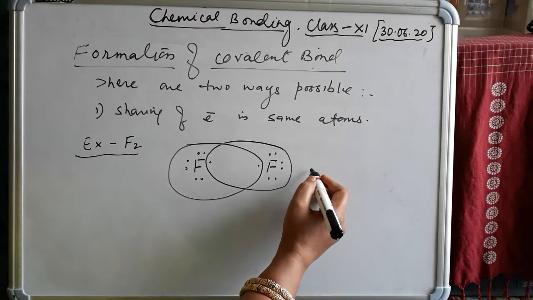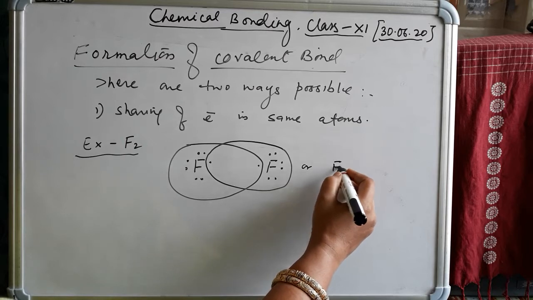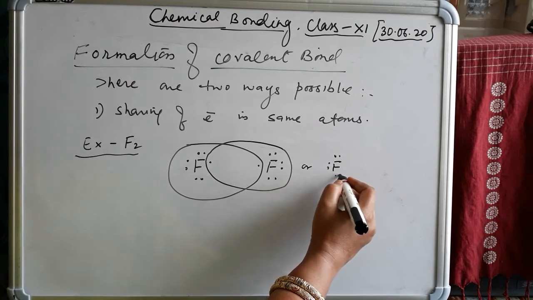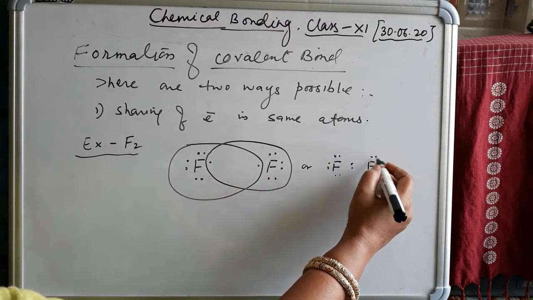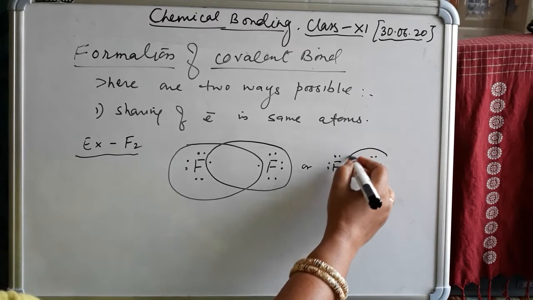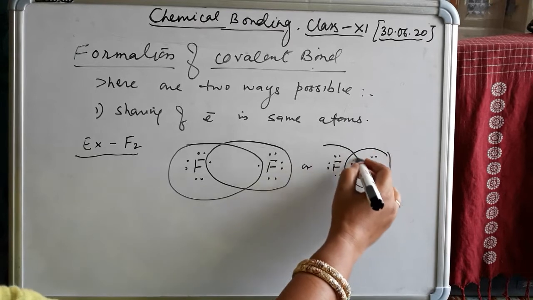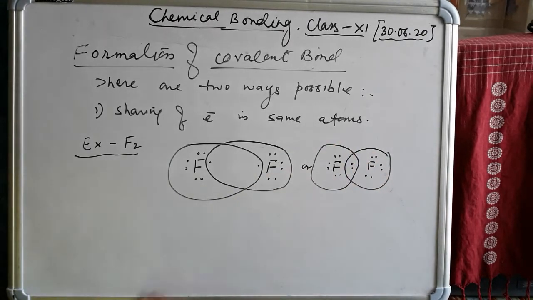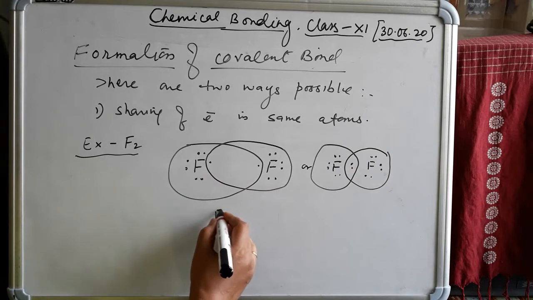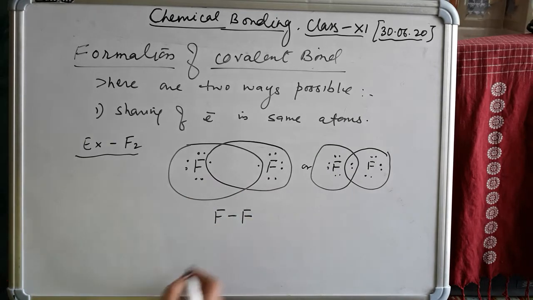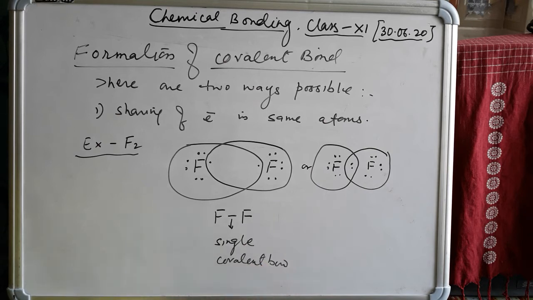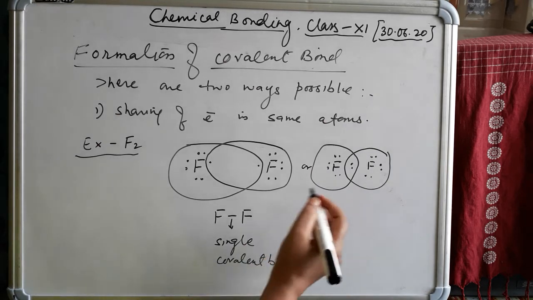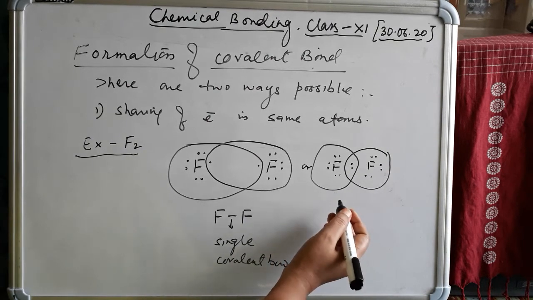In this way both electrons come to the center, and we can write it in this form also. So one electron is shared, forming a single covalent bond. And those electrons which do not participate in the bond formation are known as lone pairs.